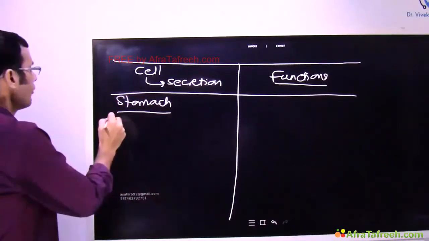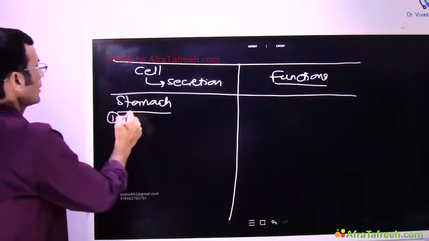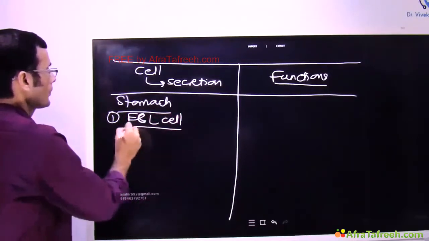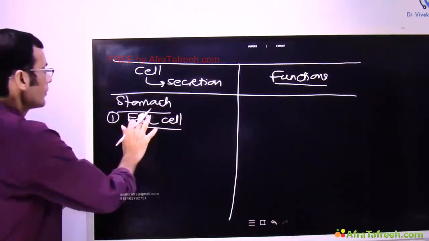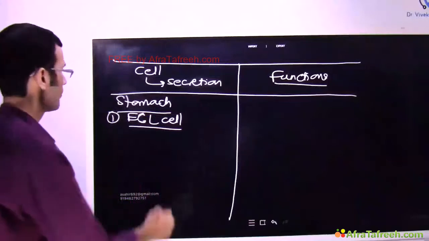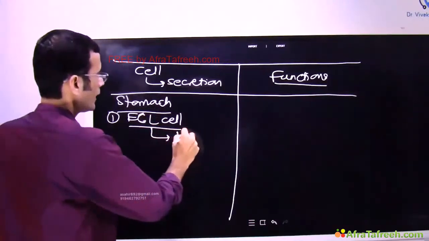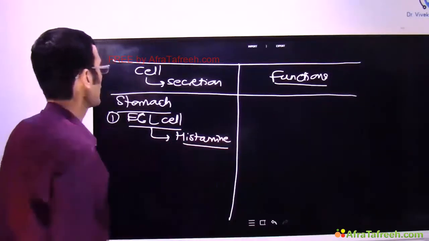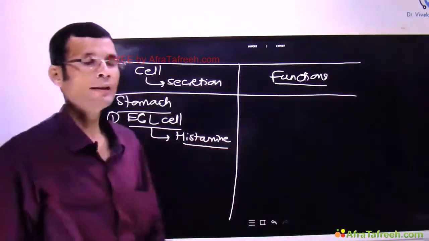Stomach has the following cells. ECL cell in the stomach. ECL cell, enterochromaffin-like cell. This cell secretes histamine.